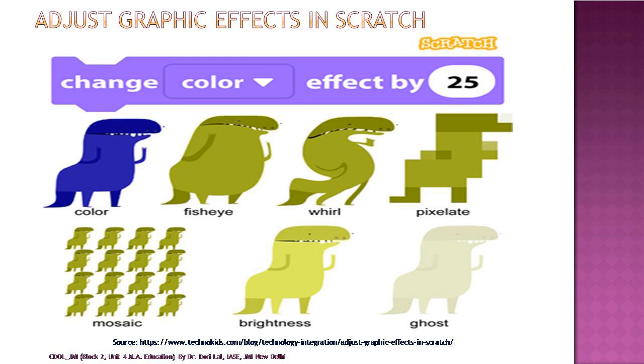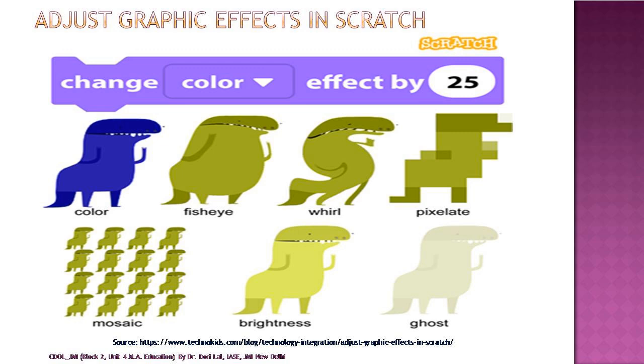In brightness, we can lighten and darken the sprite. Last, in ghost, we can make a sprite transparent or see-through. Its values can be changed between 1 to 100, where 100 is fully transparent and 1 is opaque, which means solid.